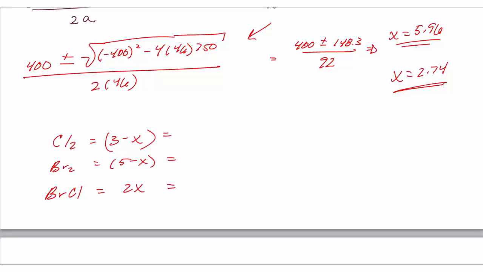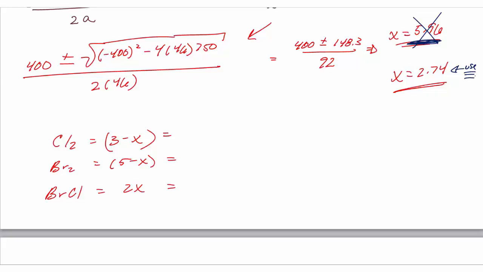Okay, so which one doesn't make sense? If I take x to be 5.96, I get a negative answer right here. So that means this won't work, because I can't have negative answers. Okay, so that means this one must be it. So x has to be 2.74.